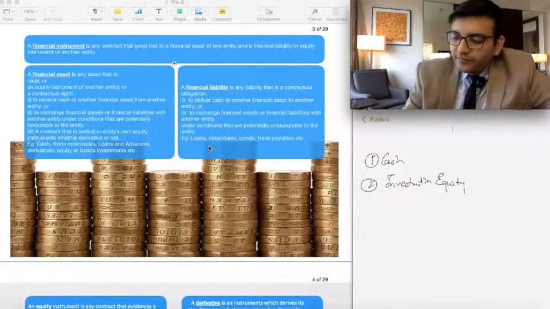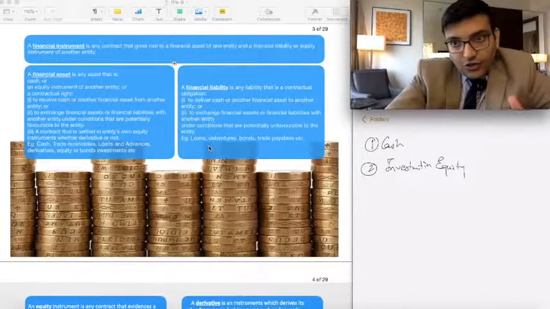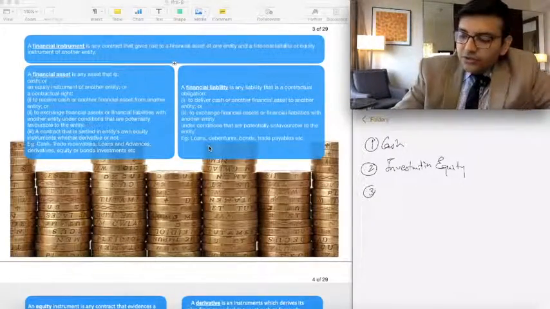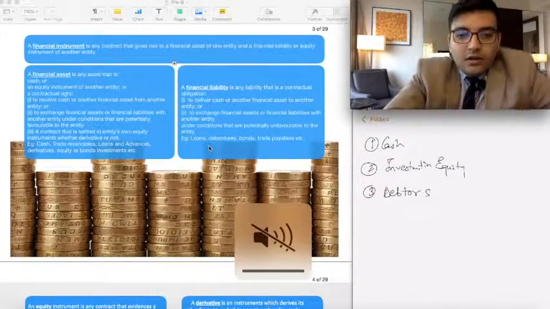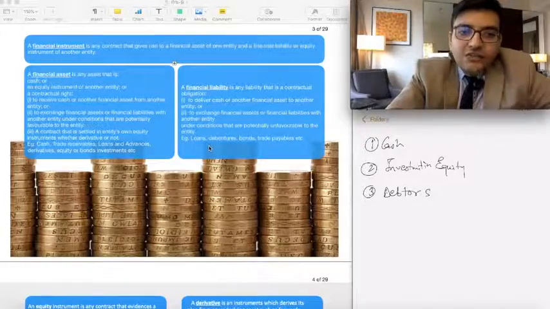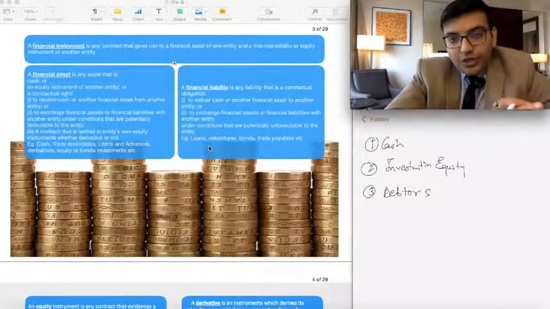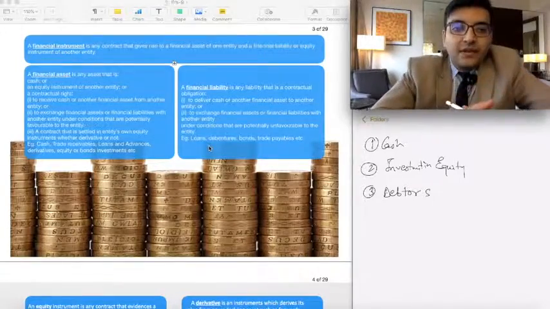Now number 3, a contractual right to receive cash. This is debtors. Now the fourth point is to exchange financial assets or financial liabilities with another entity under conditions that are potentially favorable to the entity.